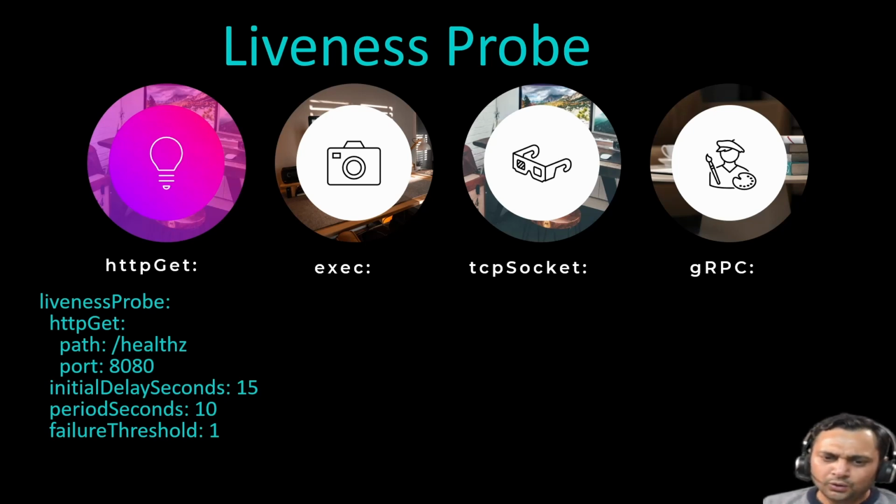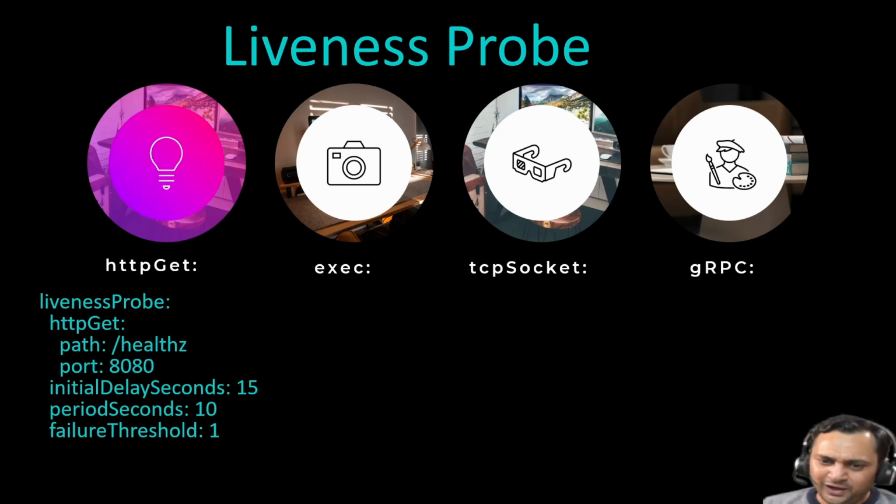Port, we have defined the port number on which our container application is running. In this case, my container application is running on port 8080. Initial delay seconds: the first time the liveness probe will test the application. It does not wait for the readiness probe to succeed.